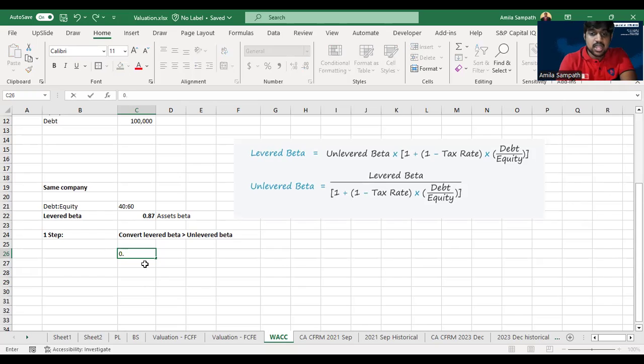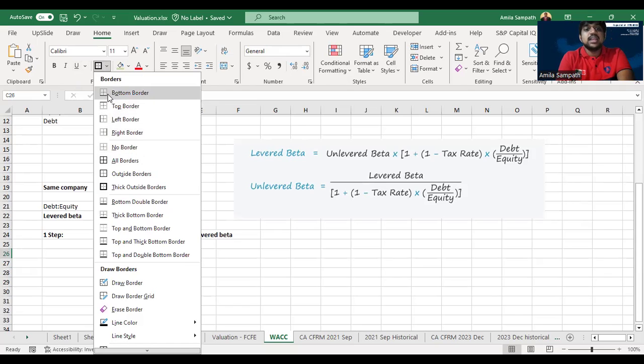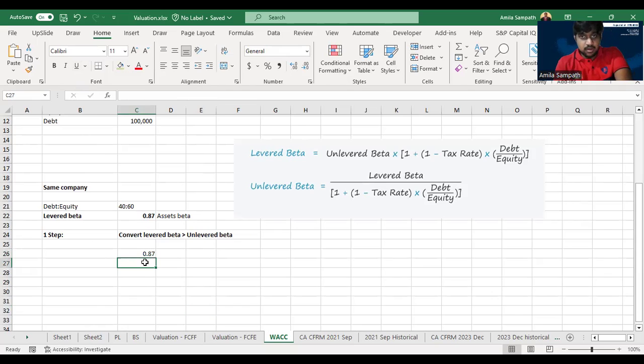Then our 0.87 is our levered beta, divided by 1 plus (1 minus 30%) multiplied by our debt to equity ratio of 40 to 60.